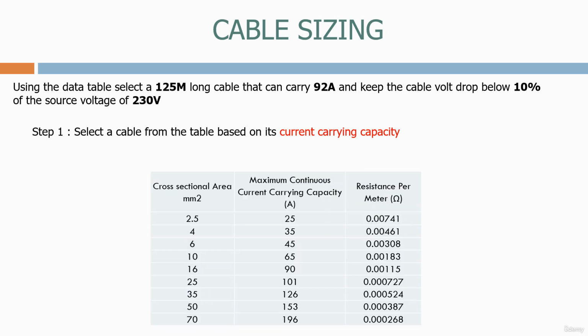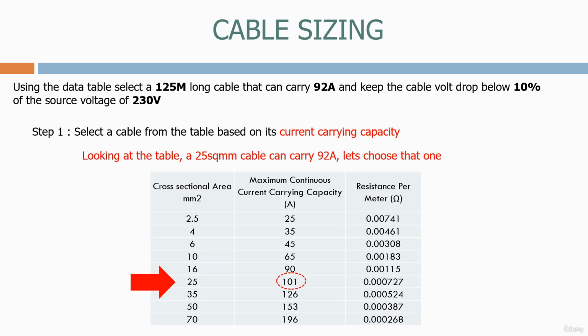Here's the cable data table from before. Looking at the table, a 25 square millimeter cable can carry 92 amps. Let's choose that one.